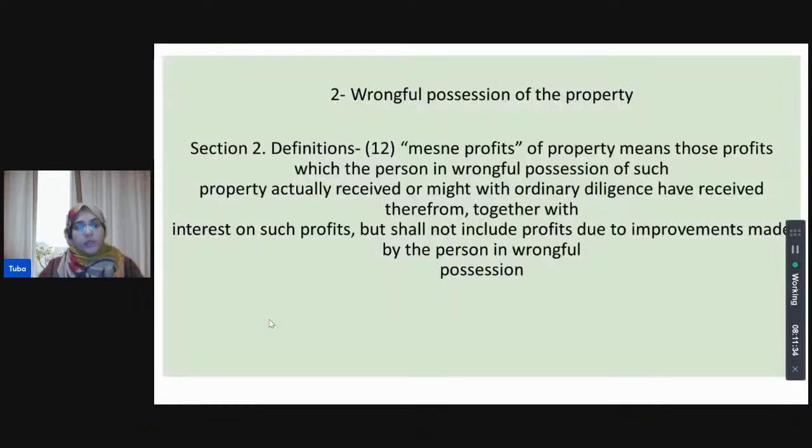Either of Chetan or Subrat is confused. It is Chetan because it's not unlawful, but it is wrongful possession of property. If you are in unlawful possession of property, you are pretty much not entitled to get anything. In fact, you'll be brought to the civil court. It is wrongful possession of property. So if you're in wrongful possession of property, and with ordinary diligence you have received something, that is called mesne profit.